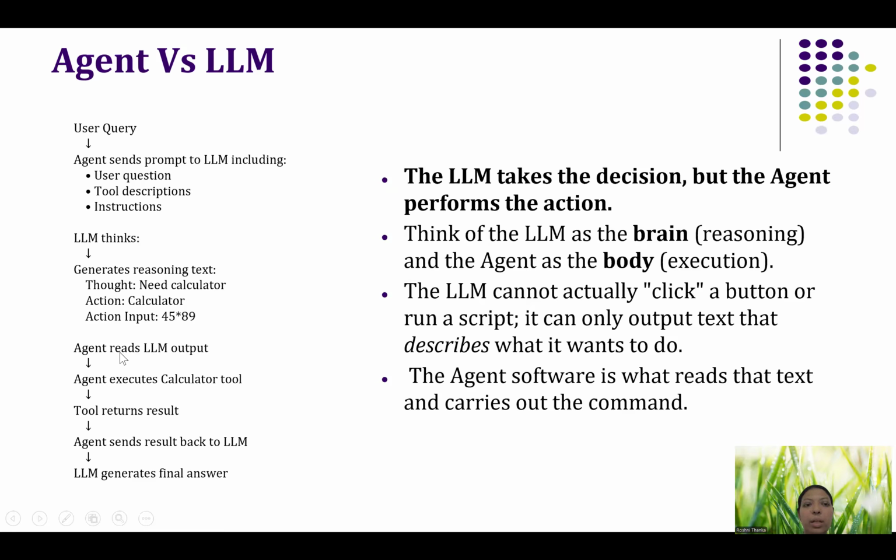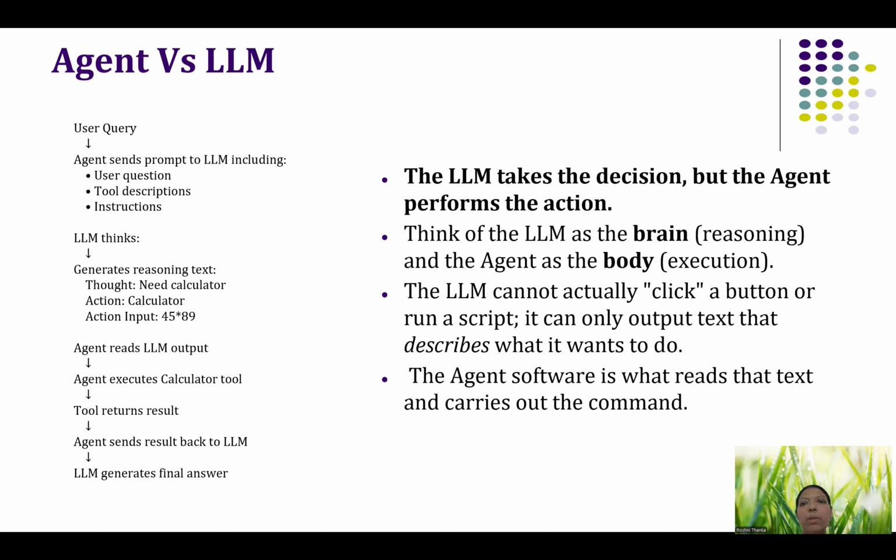Then the agent will read the LLM output and execute the particular tool, which can be a calculator, an API, or any other external tool. The tool gets the result and sends it back to the agent, and then the agent sends the result back to the LLM.